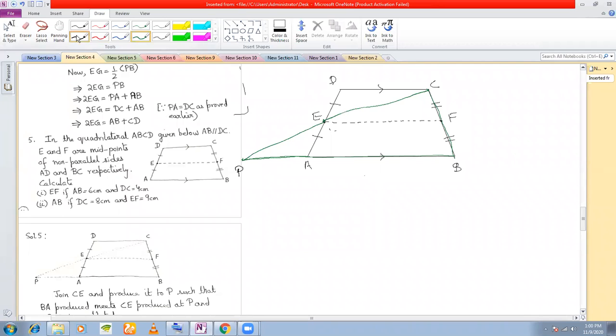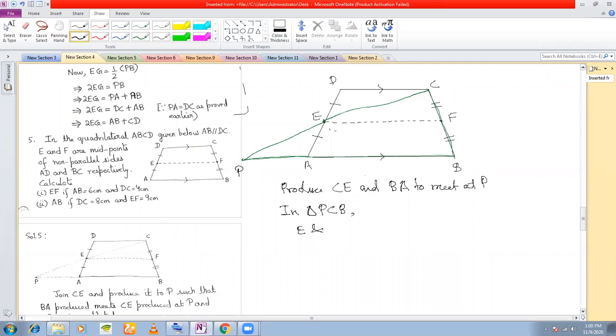So therefore, what can I say? Produce CE and BA to meet at P. Okay. So now in triangle PCB, what can I say?